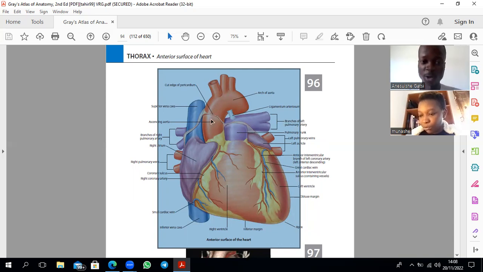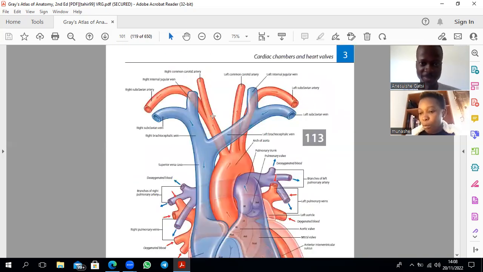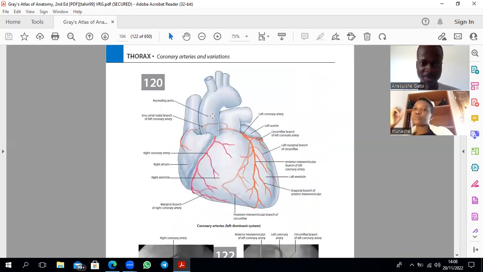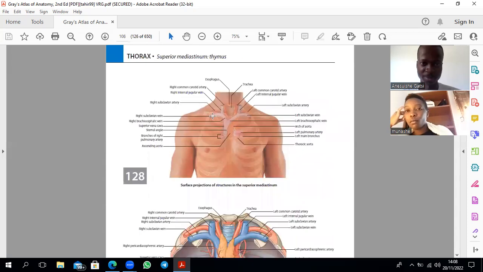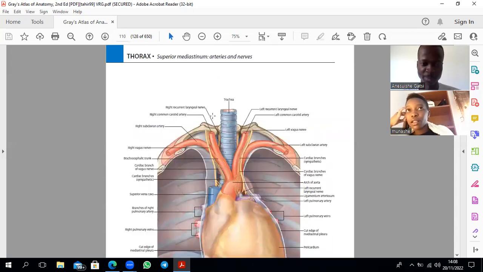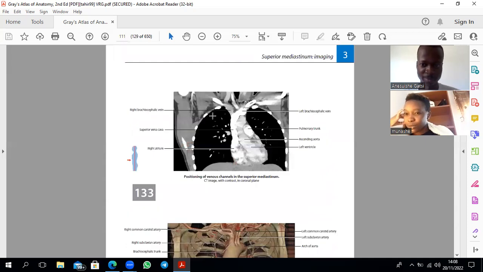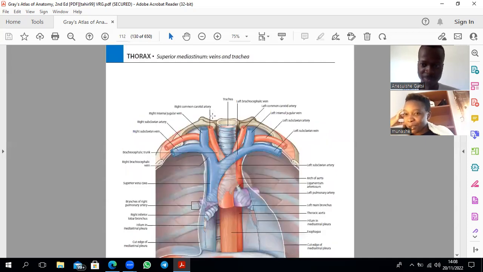So your aorta, if you look at it, it has three parts. Which parts are they? There's the left and right common coronary. No, those are branches.